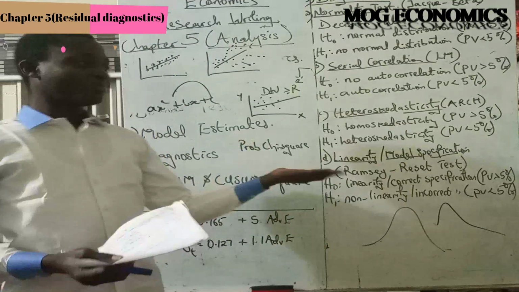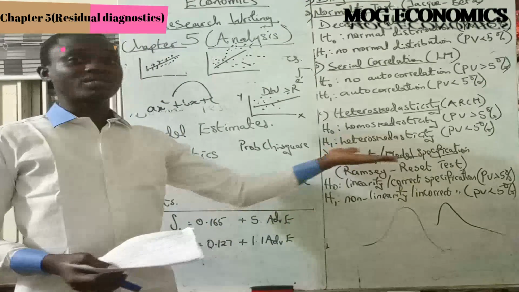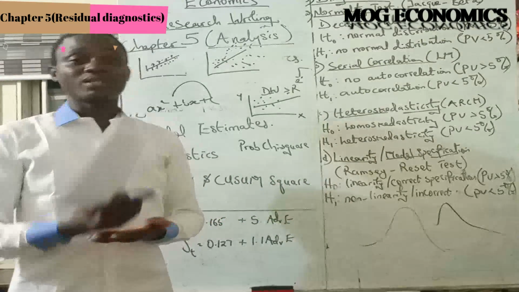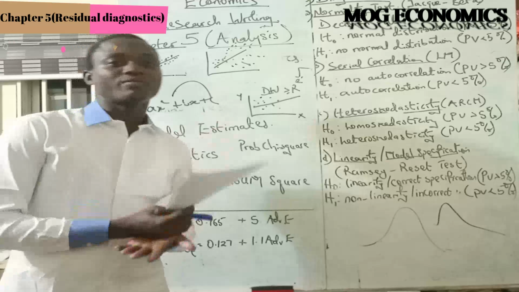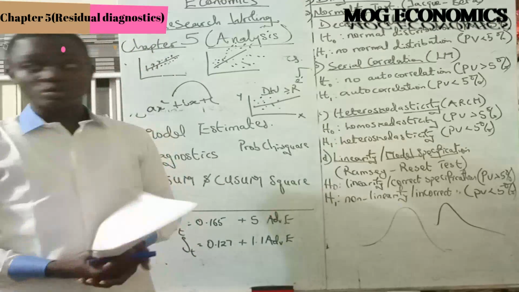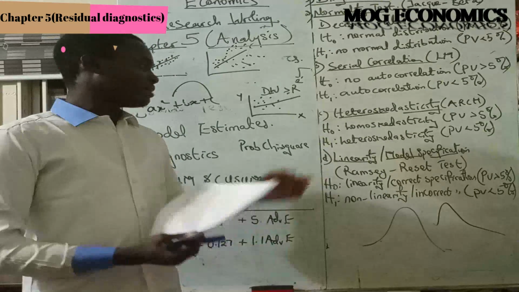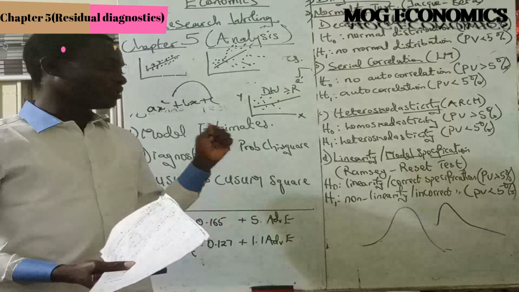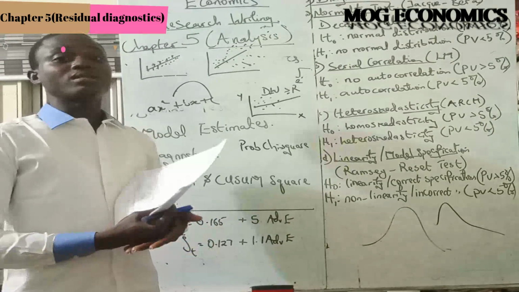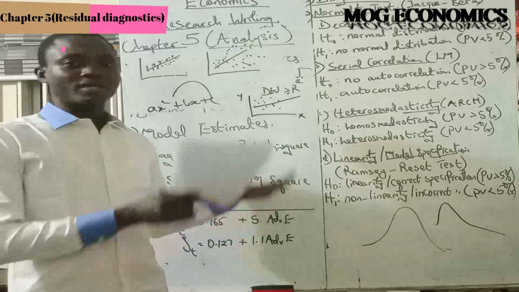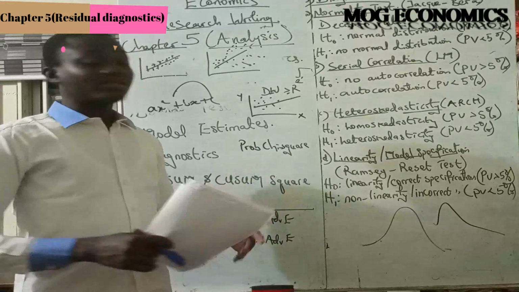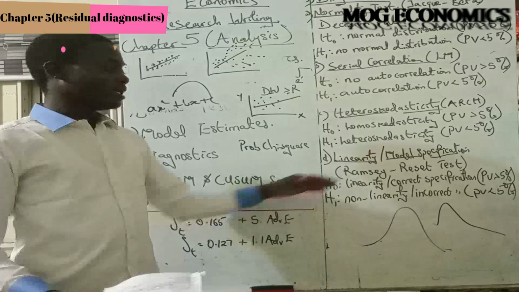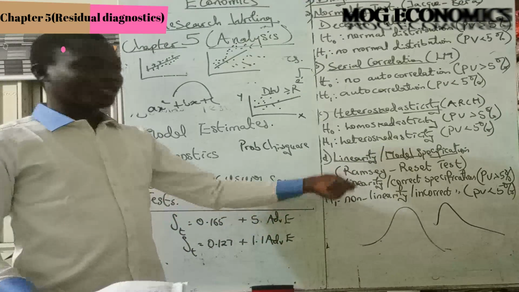Some might call it a linearity test, some might call it a model specification test. That is, is the model correctly specified? You want to check if your model is correctly specified or not. Using the Ramsey RESET test, your null hypothesis is that there's linearity, that is, your model is linear. And maybe in another research you may choose to say that your null hypothesis is correct specification of the model.